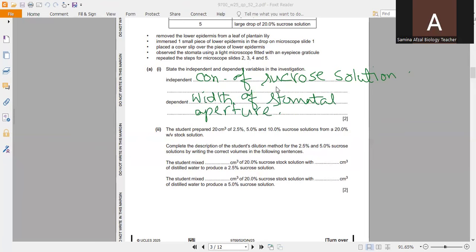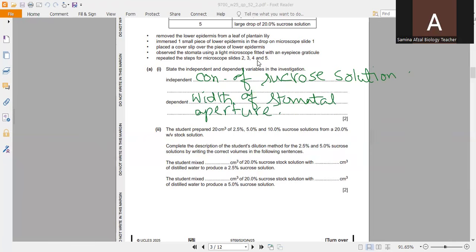Now the student prepared 20 cubic centimeters of 2.5%, 5%, and 10.0% sucrose solutions from a 20% weight by volume stock solution. Complete the description of the student's dilution method for the 2.5% and 5% sucrose solutions by writing the correct volumes in the following statements.